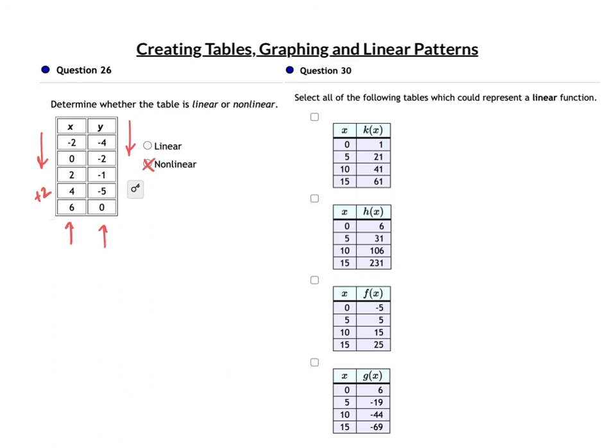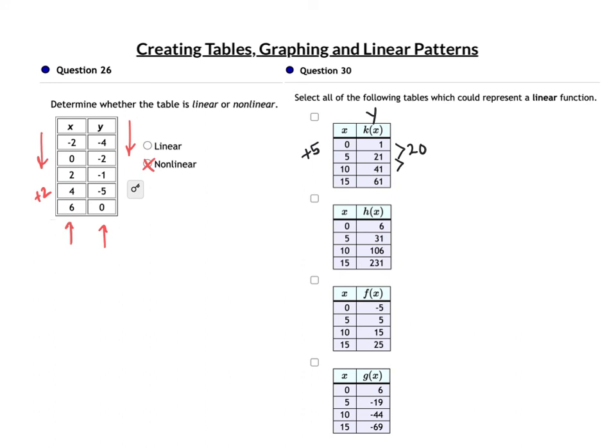Select all the following tables which could be linear functions. We're looking for both x and y to be changing by a constant. On the x side, we're increasing by 5. That's good. On the y side, this is y. Remember, k of x, h of x, f of x, that's just another name for y. We're increasing by 20.